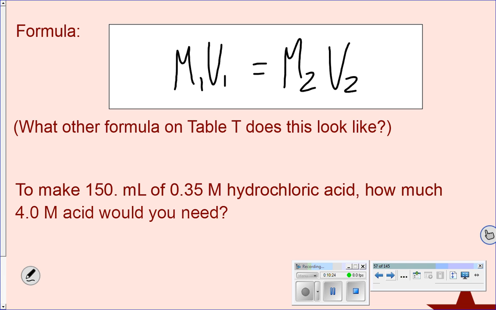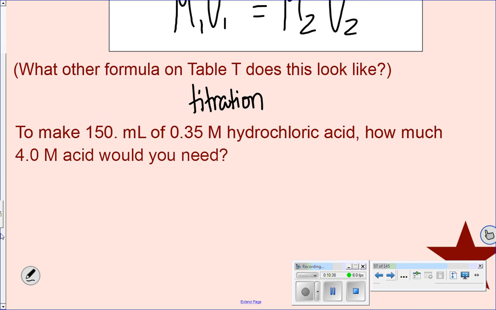So we have a formula for this. This actually looks really similar to what's called your titration formula. And we don't specifically use this formula a ton, but it's a really nice, easy to use formula that's very relevant in a lot of areas in college. So I do like to make sure that we get some use out of it.